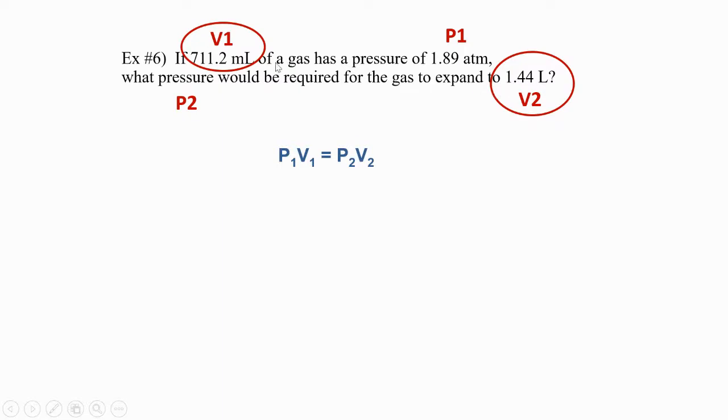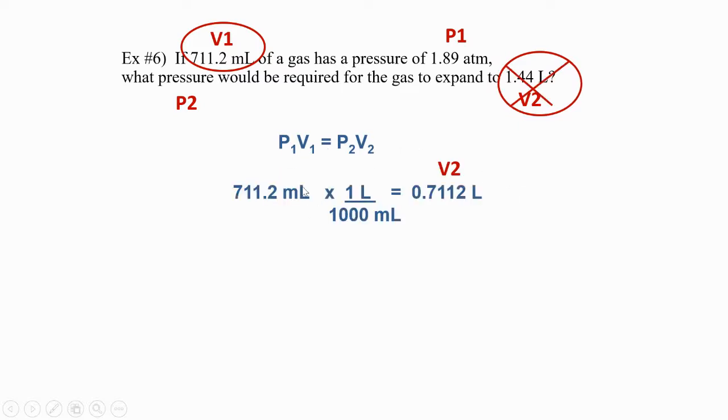But I cannot plug ml and liters into the same equation. You must convert. We change ml to liters based on the fact that 1 liter equals 1,000 ml, and this information can be found on your gas reference document. So I convert milliliters to liters. I'm not going to plug this in as V1.